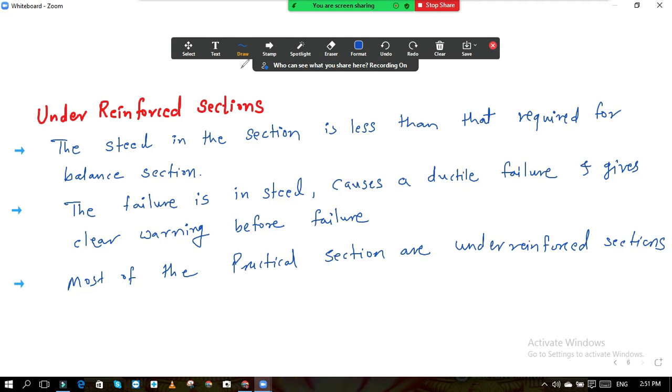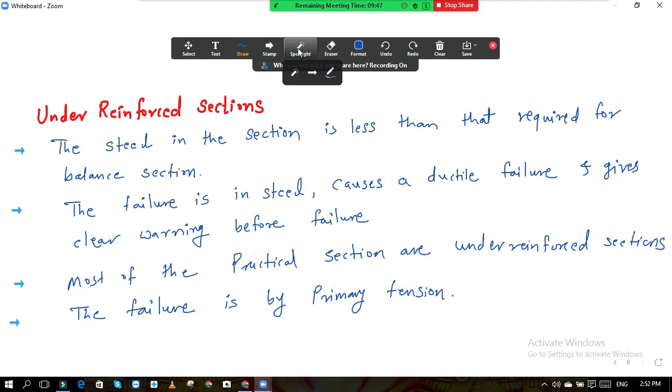So here the failure is due to primary tension. Okay. The last point here, failure is by primary tension.